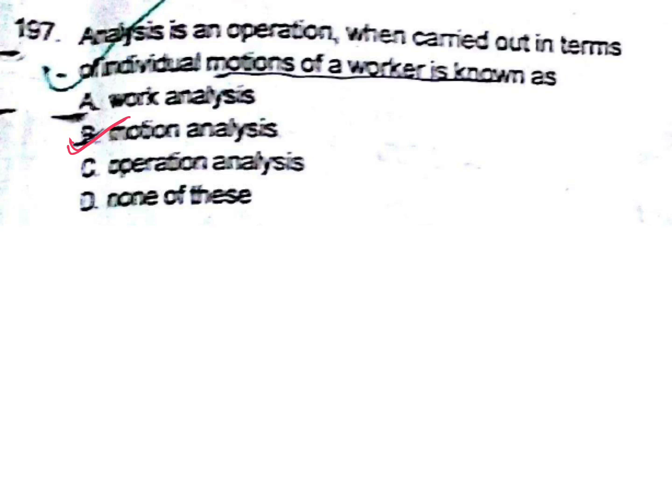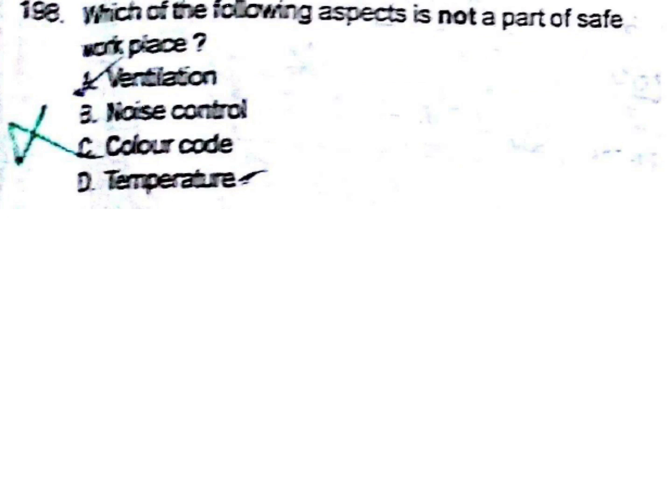Which of the following aspects is not a part of a safe workplace? A. Ventilation, B. Noise control, C. Color code, D. Temperature. Ventilation is a part of a safe workplace. Noise control also. Color code also is required. Color code we give for different areas and applications, and that assigned area you have to mention in the color code.